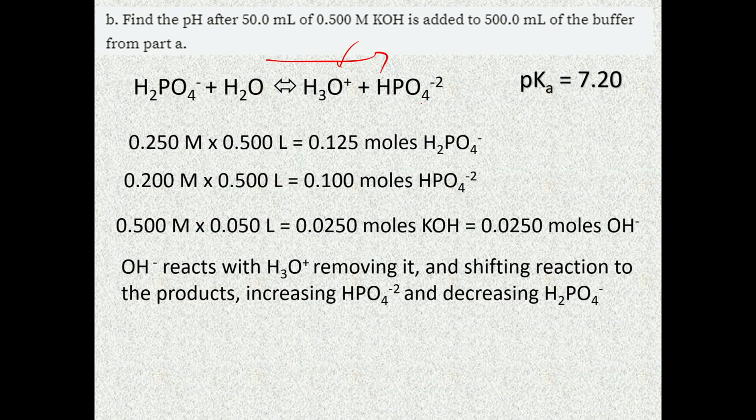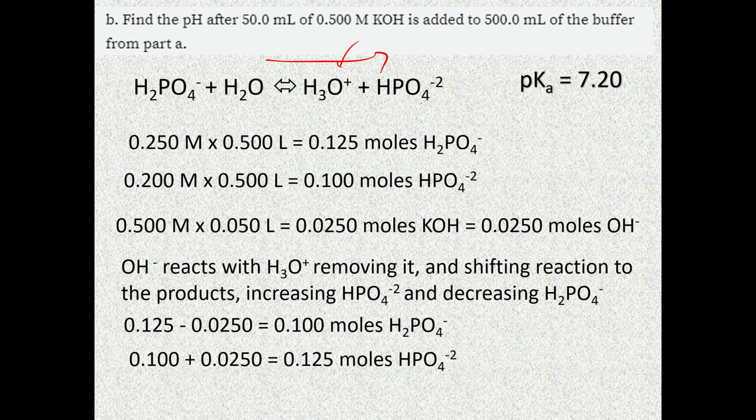So decrease the acid, increase the base. 0.125 moles of acid minus 0.025 is 0.1 mole of acid. 0.1 plus 0.025 is 0.125 moles of base.